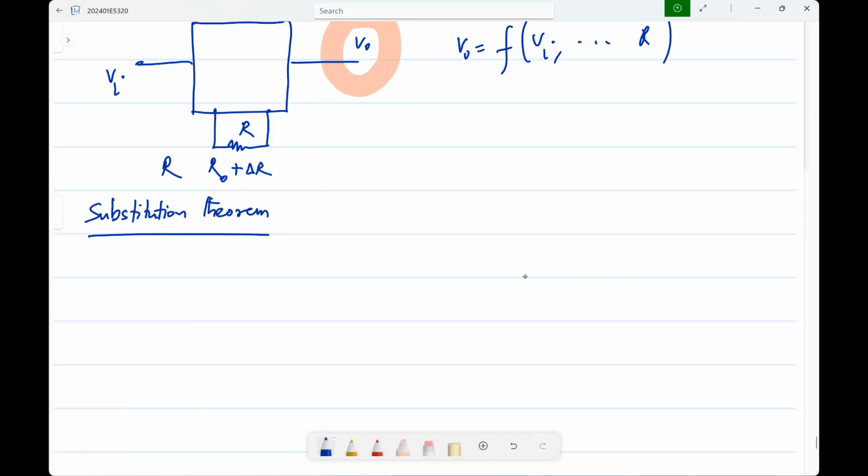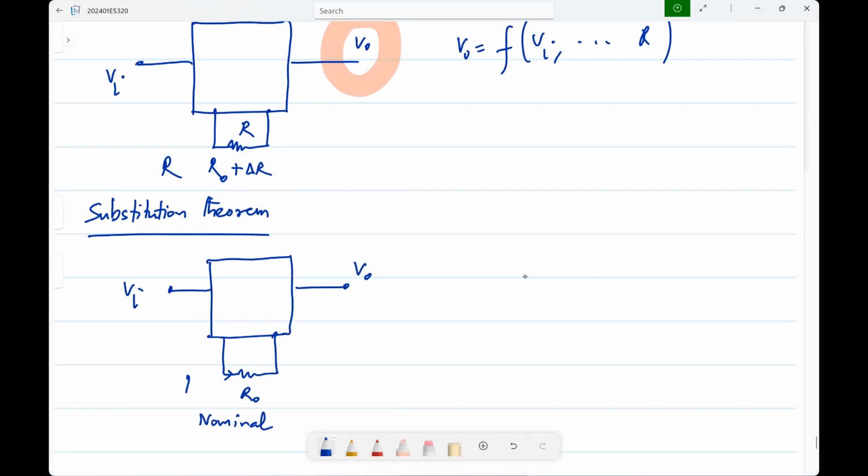So, if you have, so first of all, in any circuit, let's say this is the nominal case, right? And the current flowing here is some I R naught. Okay. Now, this changes.